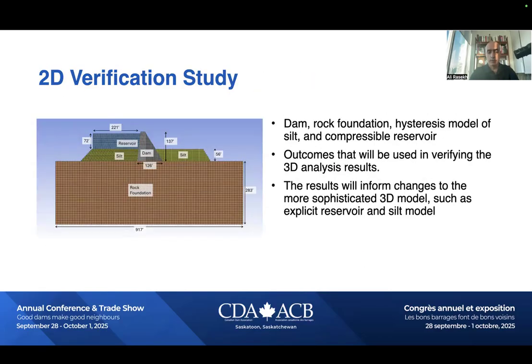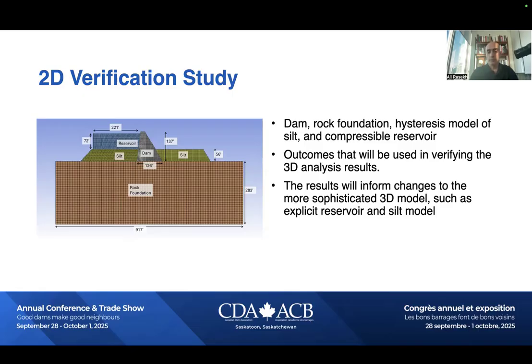2D verification was also performed, basically creating a slice of the model. The dam, rock foundation, a hysteresis model of silt, and a compressible model of the reservoir were created. Outcomes will be used in verification of the 3D analysis results, meaning whether they are in the same ballpark, and this is also part of the progression analysis, as I mentioned.